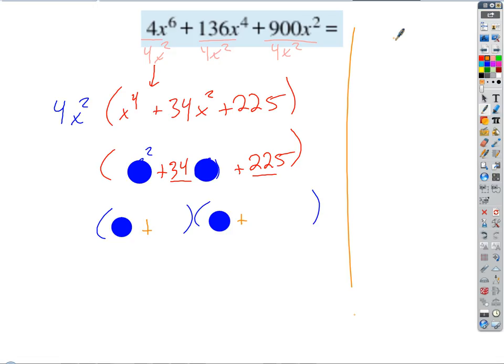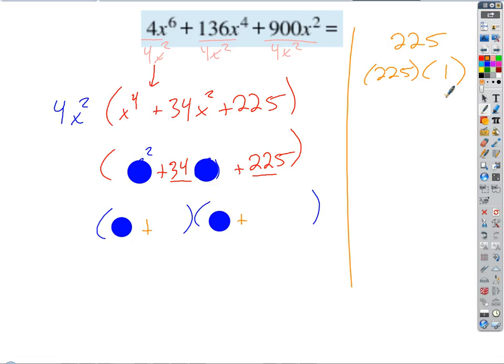Let's look at factors of 225, because there aren't that many. So I could break it up into 225 and 1, but those add to 226. That's way too big. What's the next biggest factor of 225? Well, 25 goes into it, doesn't it? Yeah.